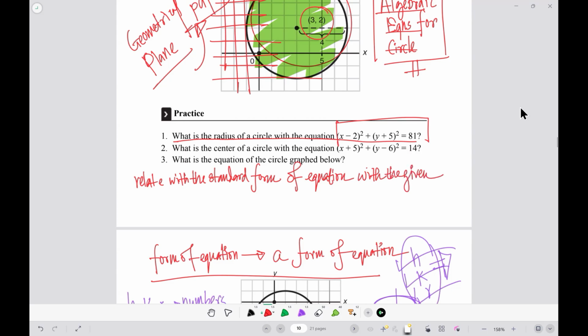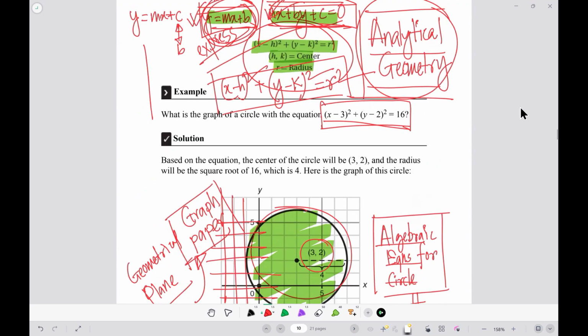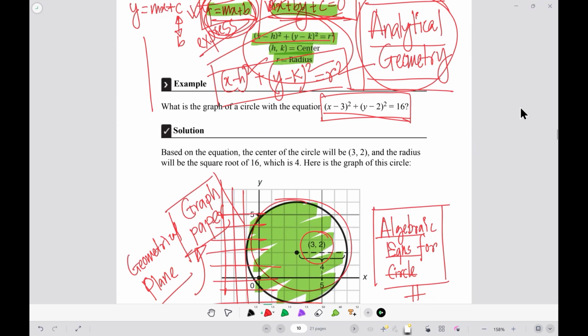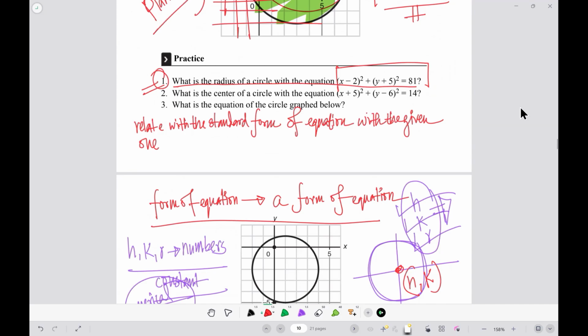And what does that mean? It means that the standard form of the equation is this: x minus h whole squared plus y minus k whole squared equals r squared. This is the standard equation, and this is the given equation. You just need to compare them.